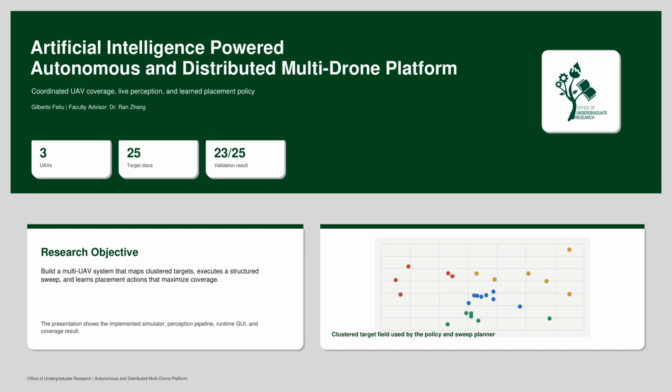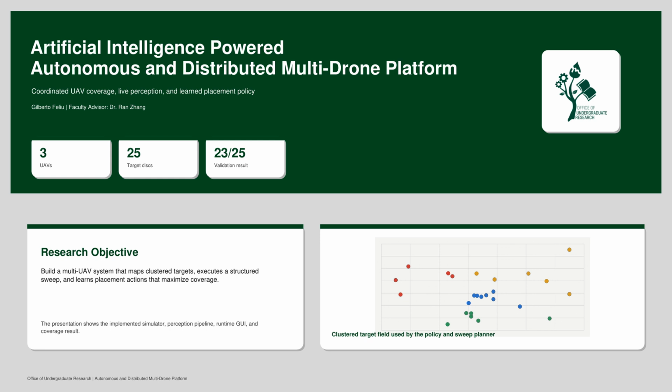This work combines Gazebo simulation and ROS-based multi-UAV coordination, RGBD perception, and deep Q learning. Three simulated F450 drones search for 25 target disks placed in clustered regions of the field. And the objective is not simply to fly three drones.